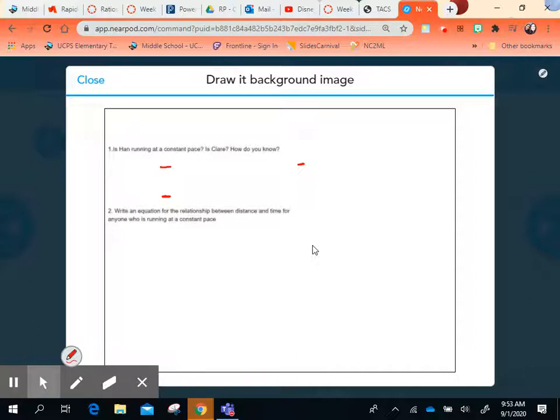So this time the question is, this table is for Claire. It wants to know, is Han running at a constant pace? The bottom table is for both of them? No, the top one is for Han, and the bottom one was Claire. Because if this is Han, let's try.